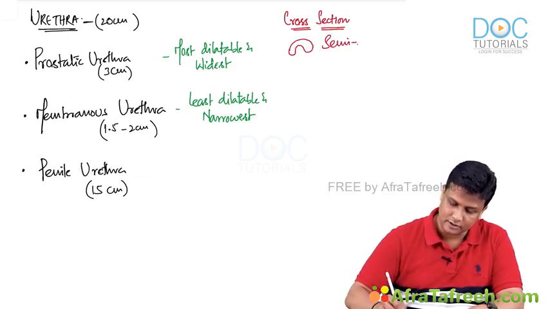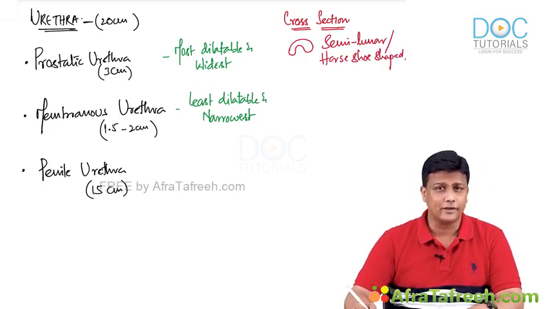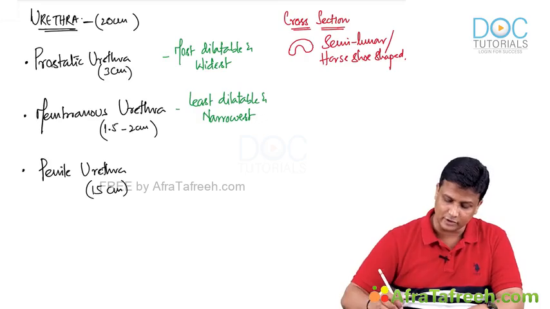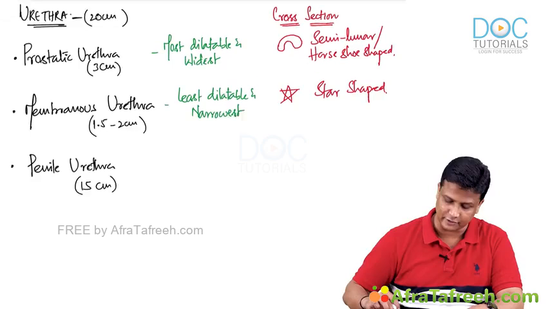So in the cross section, the prostatic urethra will appear semilunar, or horseshoe shaped. The important one which has been tested a lot of times in your exams will be membranous urethra. In the transverse section, membranous urethra will appear star shaped.